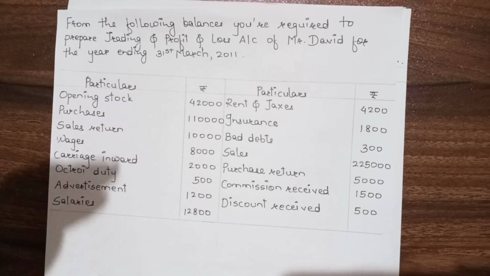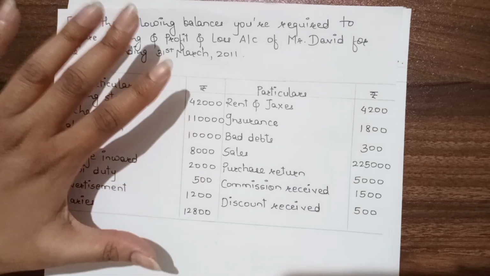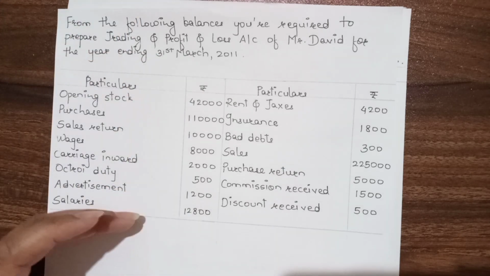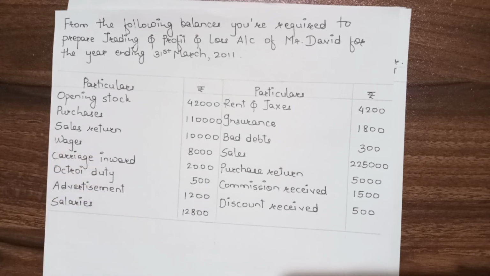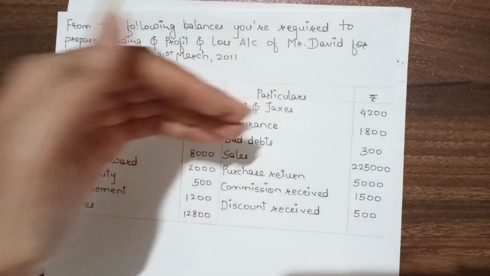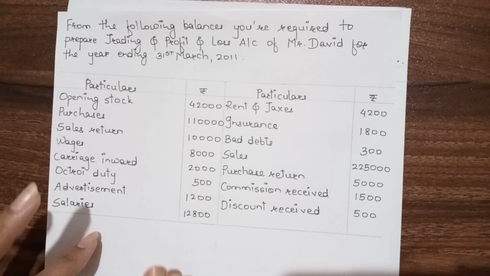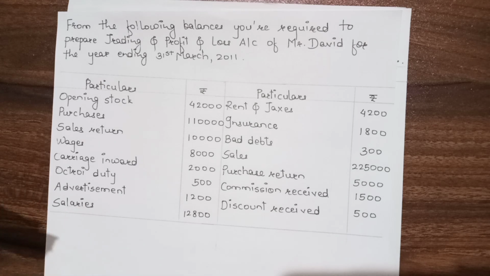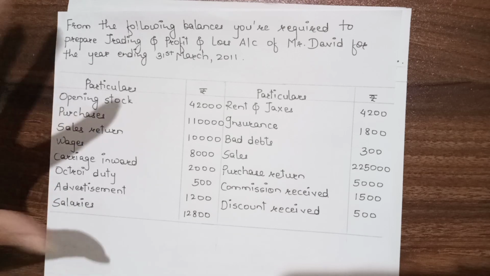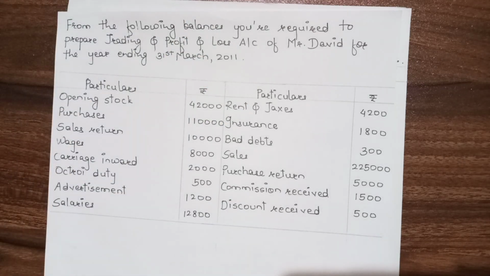I haven't written the adjustments here, because after the balances, some adjustments are given to you in your question for these items which you have to solve. But here we are just doing a random posting. We are not going through the adjustments, which we are going to learn in my upcoming videos. We are just seeing the posting of the items.